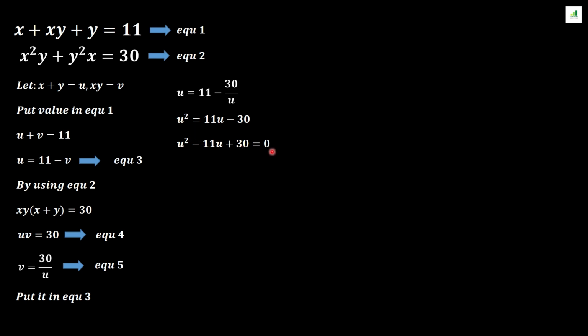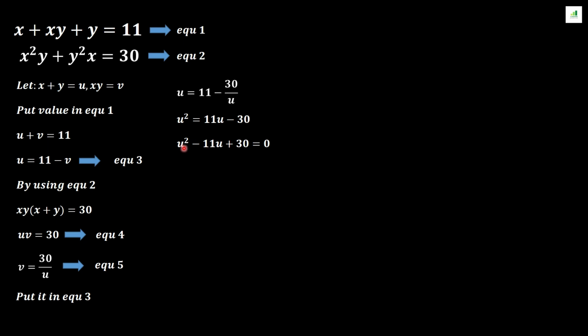Now you can see clearly that this is a quadratic equation and it is a factorizable equation. Now we should factorize this equation for u. You can see that this 30, which has the positive sign, is the c of the quadratic equation, and having a positive sign means the b of the quadratic equation will break into the same signs.